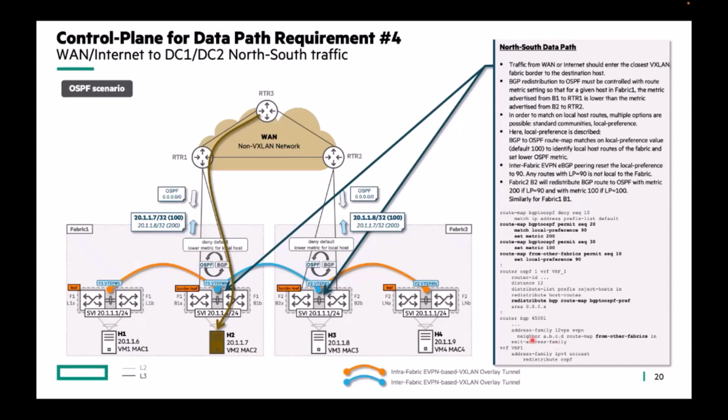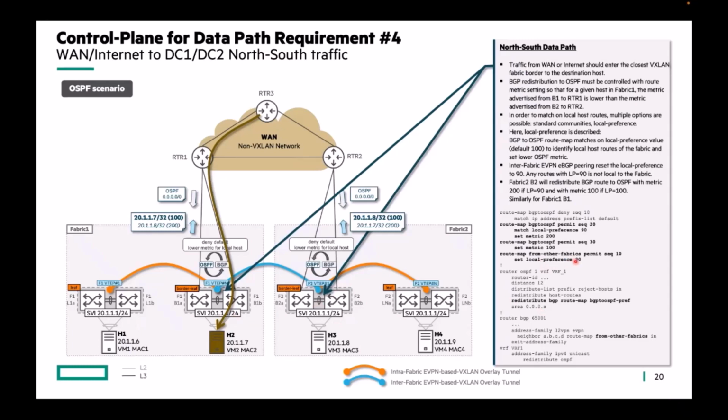Say we are on border 2 of fabric 2, its neighbor would be border 1 of fabric 1. We say neighbor border 1 fabric 1 route-map from-other-fabrics in direction, saying that whatever comes in from the other fabric, set the local preference to 90.